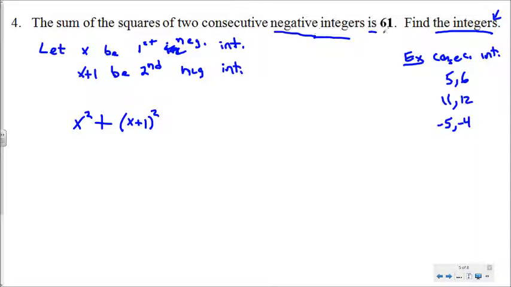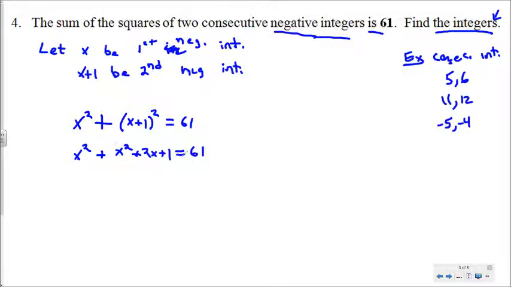And that expression is 61. So this will equal 61. Okay, so I'm going to try to get this equation in standard form by expanding this value. Now, since it's a square, I can use the perfect square pattern, and I know it'll expand to this.